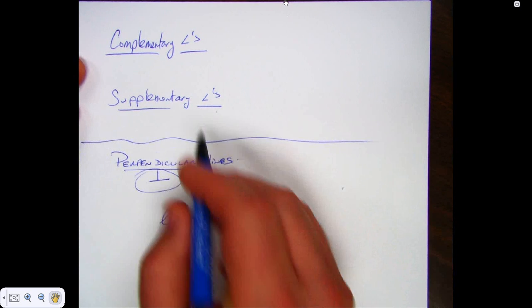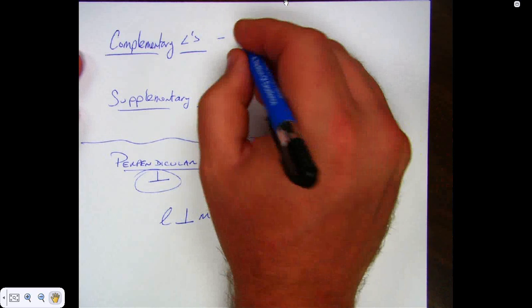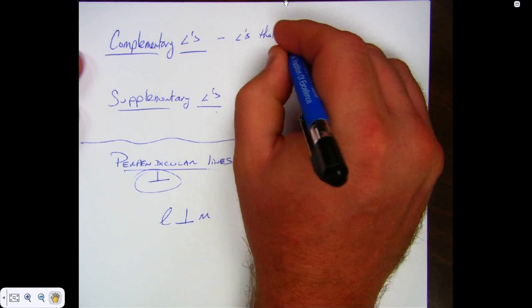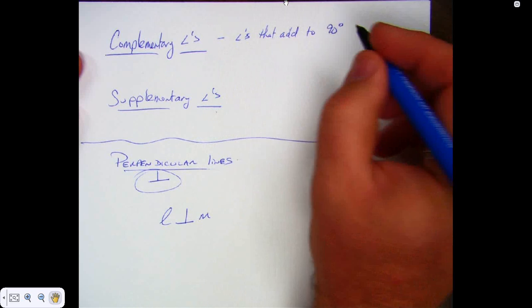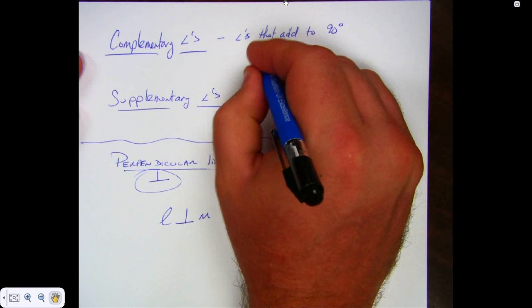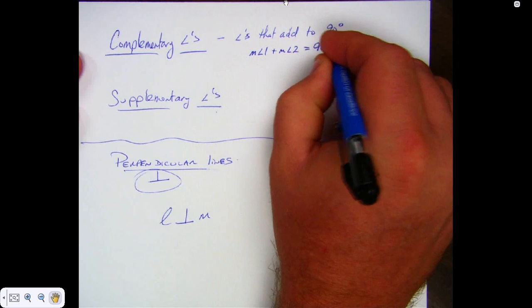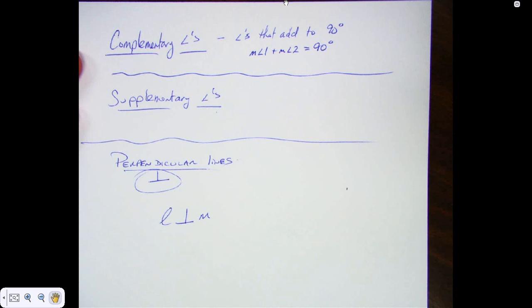These two go together more than the other two. Do you guys remember what complementary angles are? Angles that add to 90 degrees. So the measure of angle 1 plus the measure of angle 2 would equal what? 90 degrees. That's complementary.